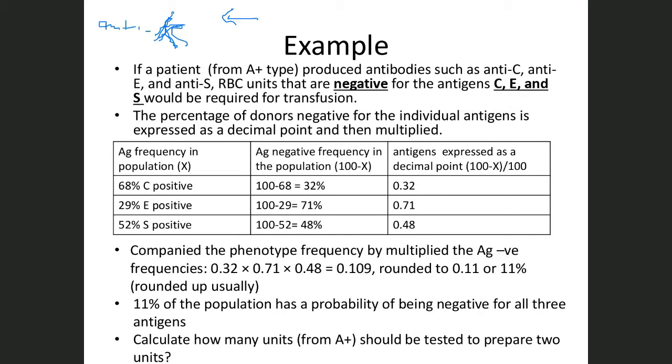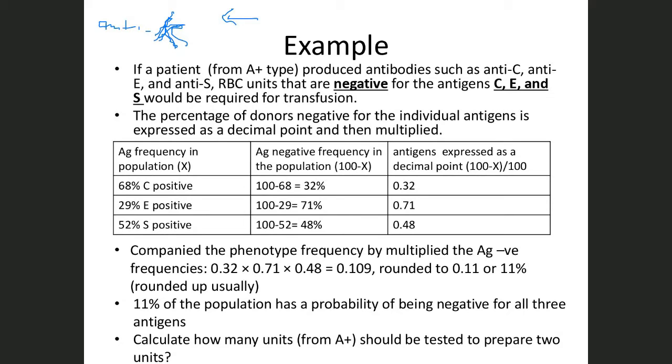In order to do an estimation, I have to know the frequency of the antigen in my population: how many people carry D, how many carry C, the frequency of different antigens. Let's see this example now and do it together.